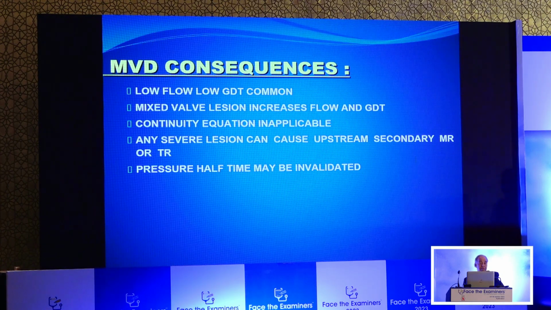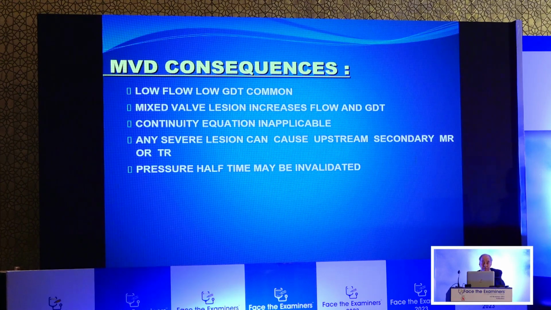So you may hear murmurs which are less dominant, less prominent. A mixed valve lesion increases flow and gradient. Now if there is, say for example, mitral stenosis and mitral regurgitation, the mitral regurgitation in a patient of mitral stenosis will increase the flow and the gradient, and there may be a systolic murmur and a diastolic murmur which may increase with the flow.